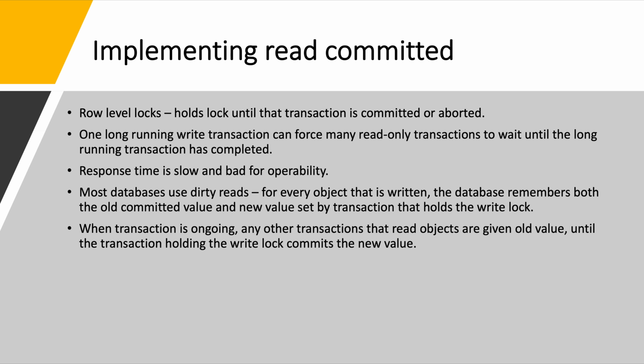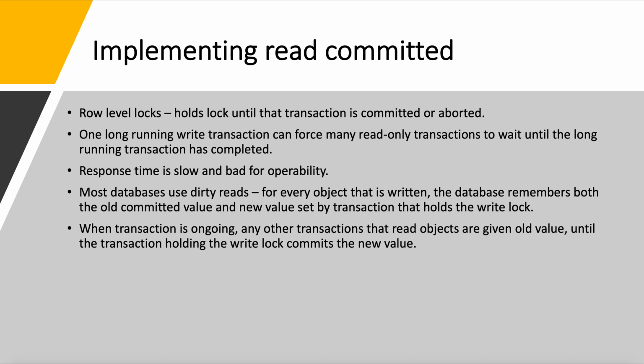So only one transaction can hold the lock for any given object, and if another transaction wants to write to the same object, it must wait until the first transaction is committed or aborted before it can acquire the lock and continue. This locking is done automatically by the databases in read committed mode.